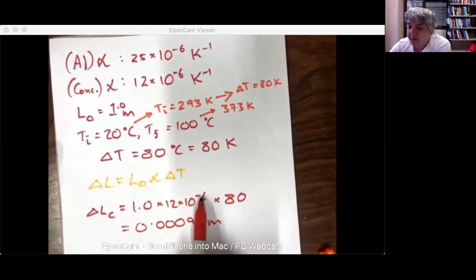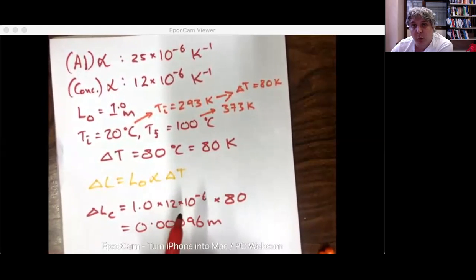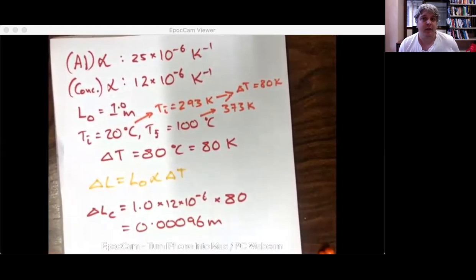That 10 to the negative 6 means the changes in length are going to be very small. And that makes sense because we know that things don't suddenly get really big when they get hotter. If something had a huge thermal expansion coefficient, then just on a hot day it could be really big compared to what it was on a cold day. And that's not very common, although there are some materials which get higher coefficients than this. They're still all relatively small.